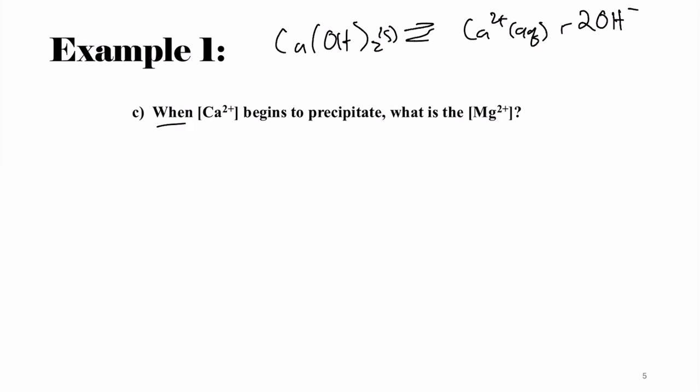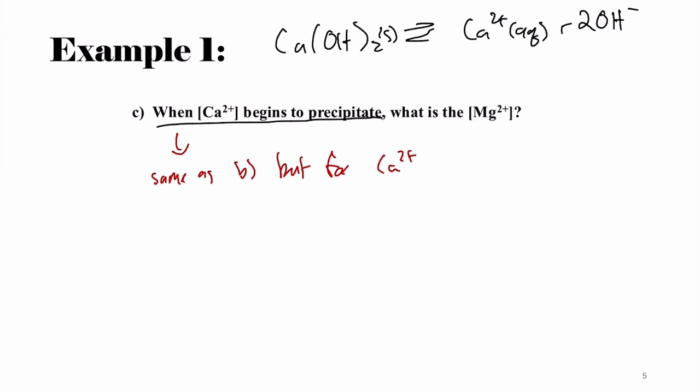Right, and so when we ask, when does the calcium begin to precipitate, what is that asking? What is the minimum concentration of OH minus that we need now to precipitate calcium, right? This is just saying the same as part B, but for calcium 2 plus.